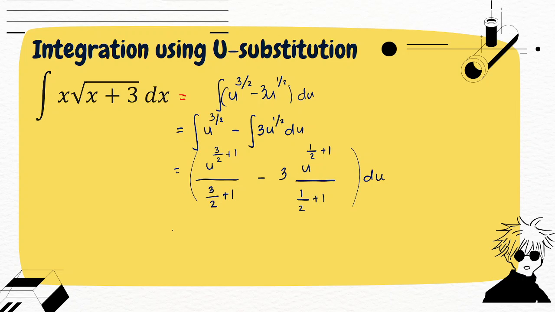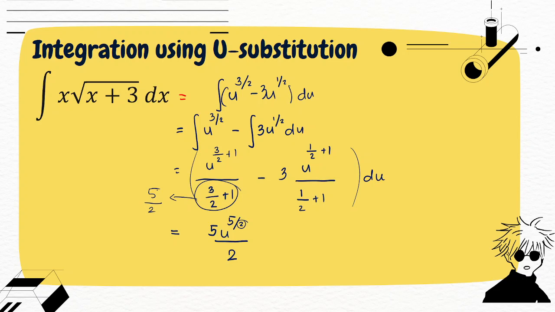Ang sagot. U raised to 3 over 2 plus 1. Sagot, 5 over 2. Anong reciprocal ng 5 over 2? 2 over 5. Shortcut yun, ha? Bakit? Kasi ito, equal to saan? Sa 5 over 2, di ba?